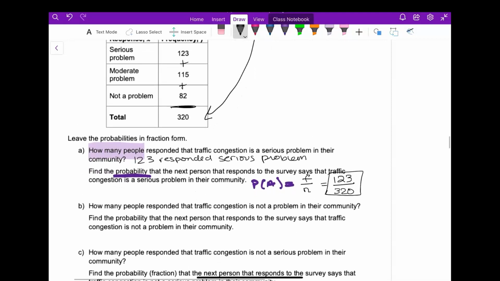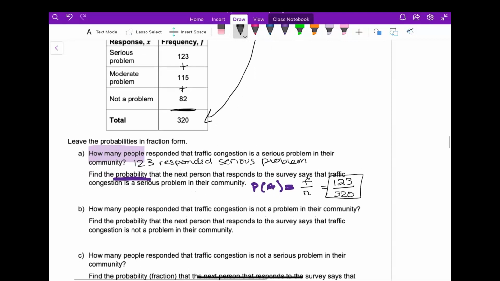Let's try this again. How many people responded that traffic congestion is not a problem in their community? Again, we're looking for people. And not a problem. Not a problem is 82.